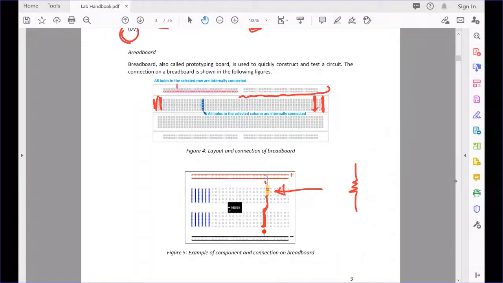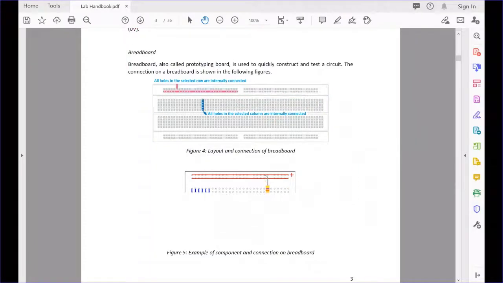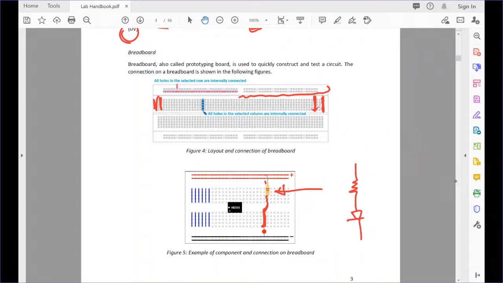Then this is your LED, and your LED is connected to this line, so this whole line is connected together. If you connect the negative side at this line, that means the LED negative side is here, and the positive side is at the other side of your resistor, if you look at this figure. So for the vertical ones, the 5 dots are connected together. The horizontal one, the whole row is connected together.